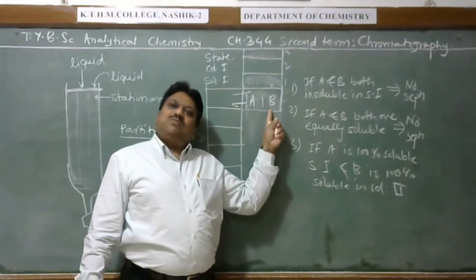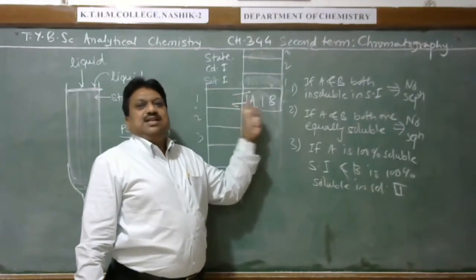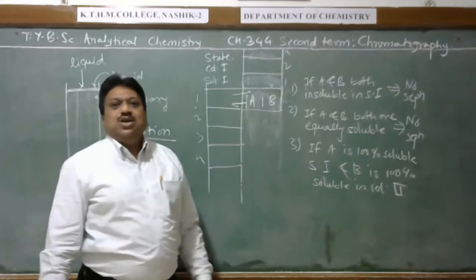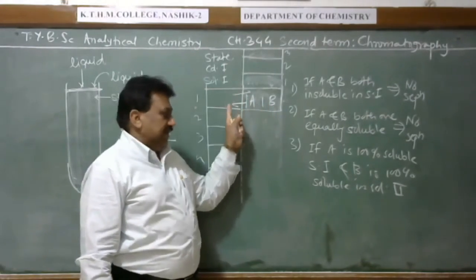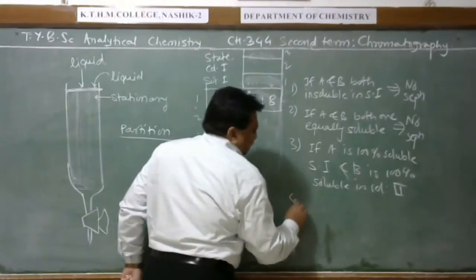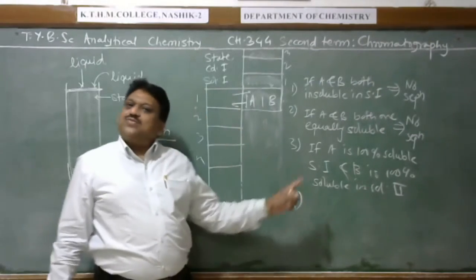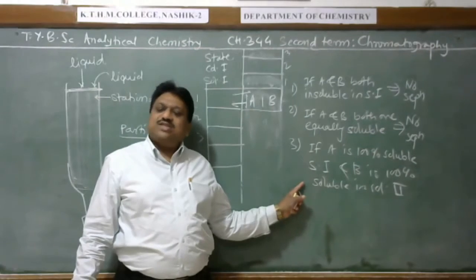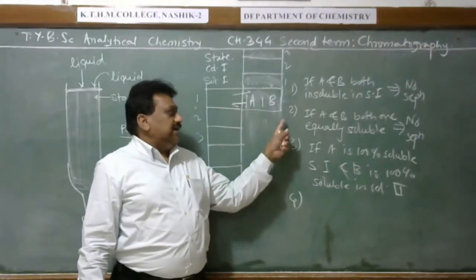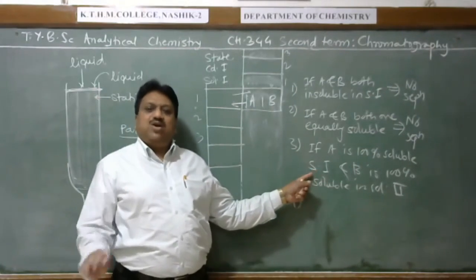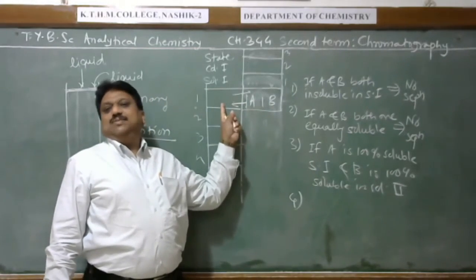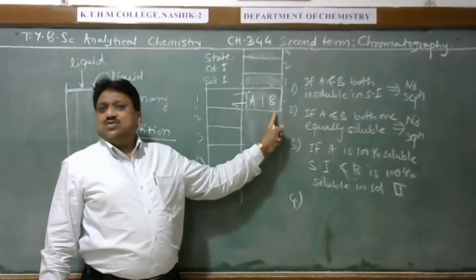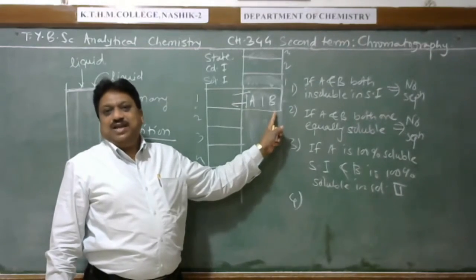That means a single box or single equilibrium is sufficient to separate these two components A and B from one another. Practically, such a solubility difference is not possible for any component. Therefore practically A is not 100% soluble in this solvent and B is not 100% soluble in mobile phase.